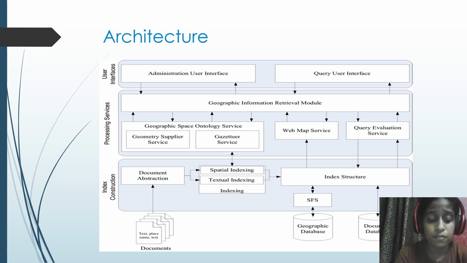A geographic information retrieval module is in charge of coordinating the tasks performed by each service to respond to the user's request. The uppermost parts of the architecture are the two user interfaces that exist, that is administration user interface and the query user interface.